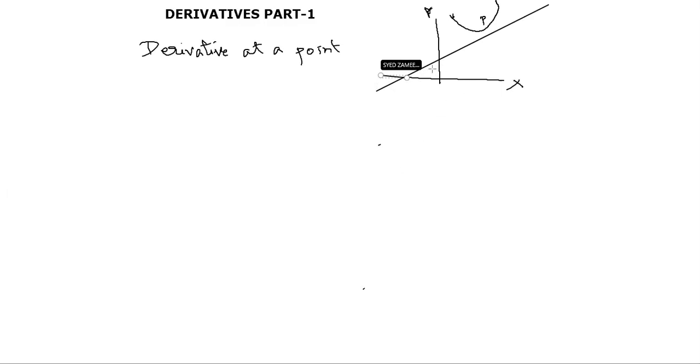The slope of this tangent is called the derivative.